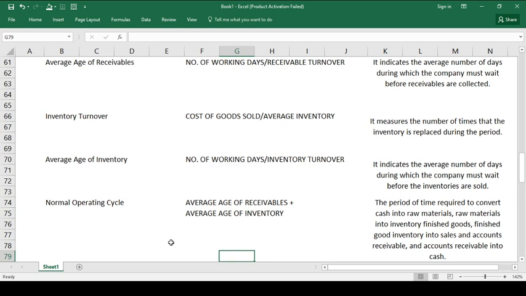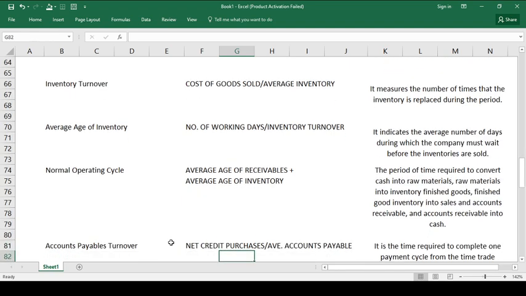You have your cash and acquisition of the inventory, then the number of days you will wait to sell that inventory, possible in a receivable, no? And then the number of days the receivable can be collected into cash. That is the normal operating cycle. Okay, parang from cash to cash. Okay, so that's the normal operating cycle.